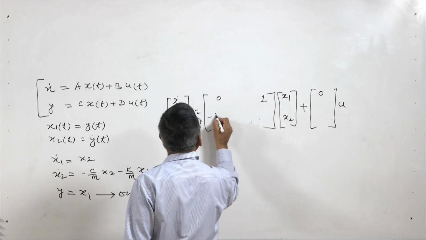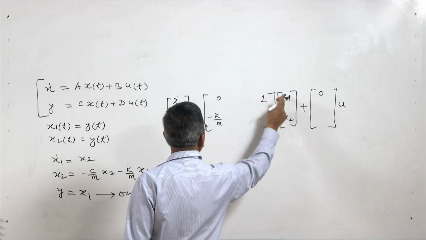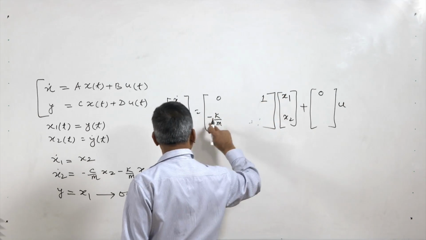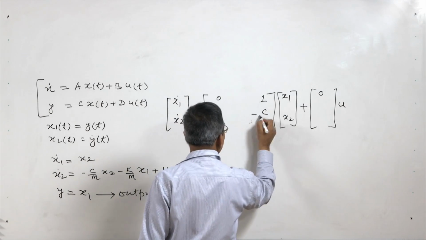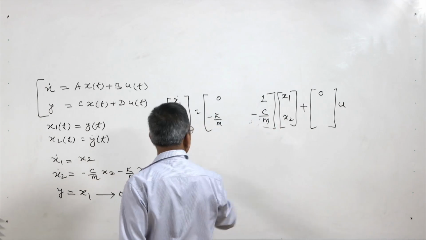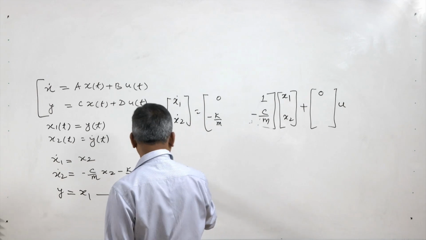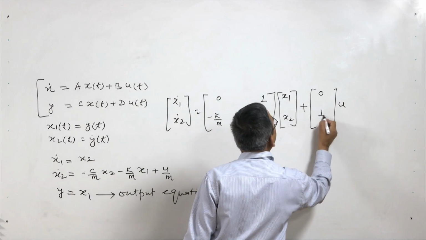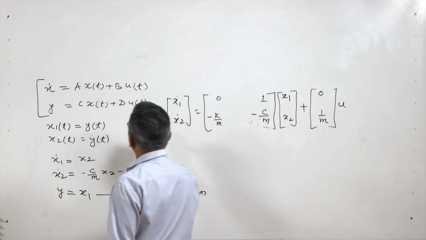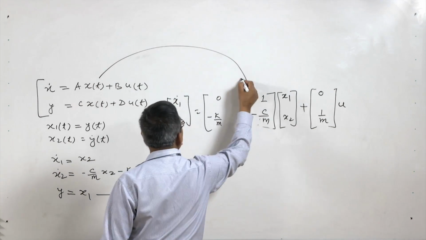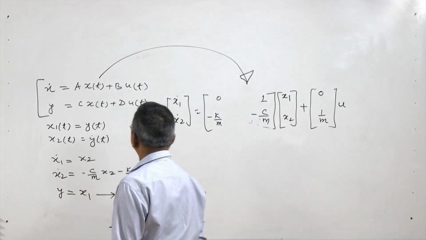So, I write here minus k by m, which is going to be multiplied with x1, then minus c by m x2 and then plus 1 by m into u. So, this is my 1 by m into u. This is the equation in this form.